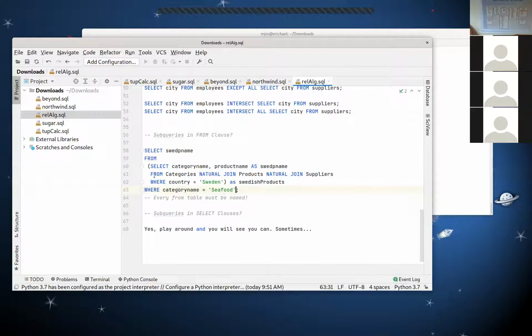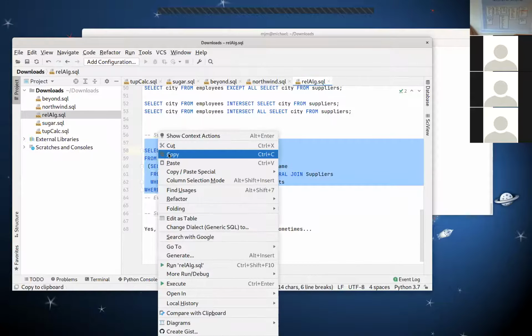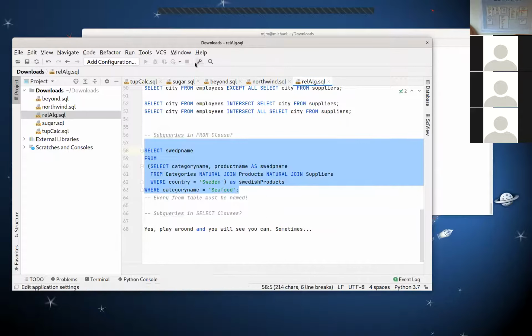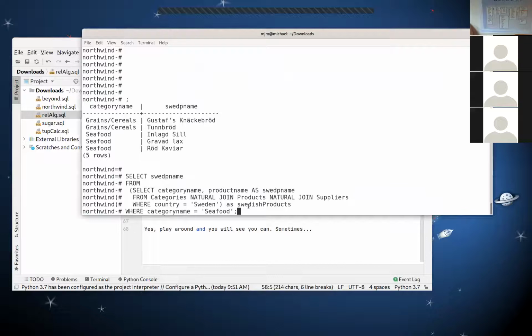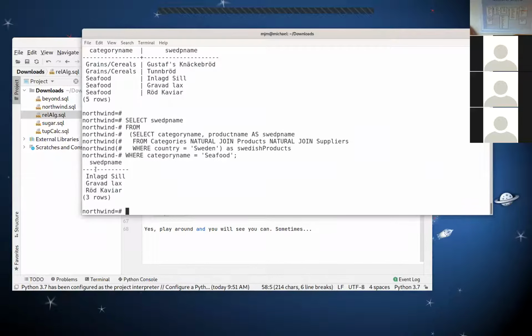Remember there's select. This is a project, and there's a strange thing: when I say select, I'm talking about the relational algebra sense, but really it's a where clause. Anyways, this should give us just the Inlagd Sill and the Gravad lax.